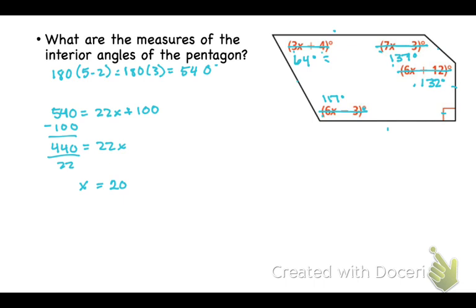Where are you confused? Did you get 540? Well, yeah. Okay, so what equals 540, Addie? All those combined. Okay, so all those combined.